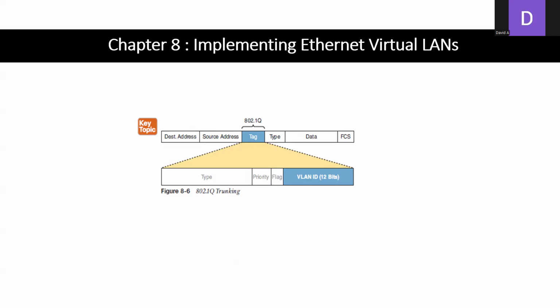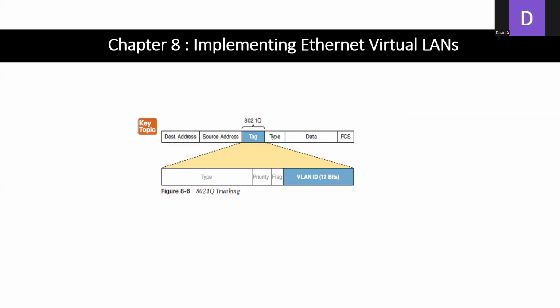Within 802.1q, there's also one VLAN ID on each trunk that needs to be defined. That is the native VLAN. By default, Cisco switches use VLAN 1, unless it's configured differently by you.